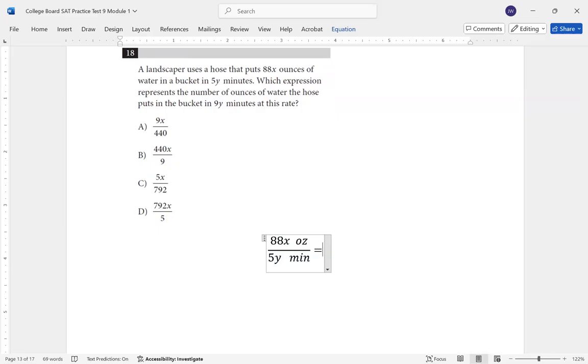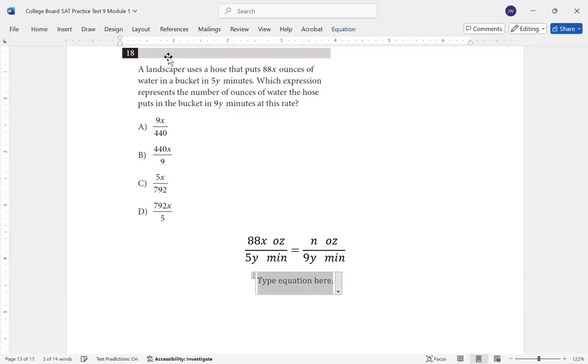And we're asking for what, so this is going to be an unknown number, we'll call it n, number of ounces of water the hose will put in the bucket in 9 times y minutes. So all we have to do here is solve for n, basically. How many ounces of water are going to be put in 9y minutes? This is a proportion question where the rates are set equal.